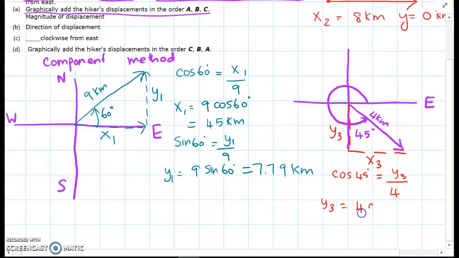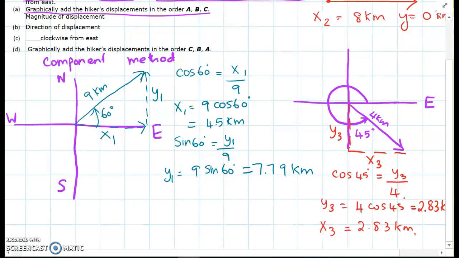So y3 becomes 4 cosine 45, and that would be 2.83 kilometers. And if you know that in a 45-45-90 triangle, the two sides are equal, we can just say that x3 is also 2.83 kilometers.